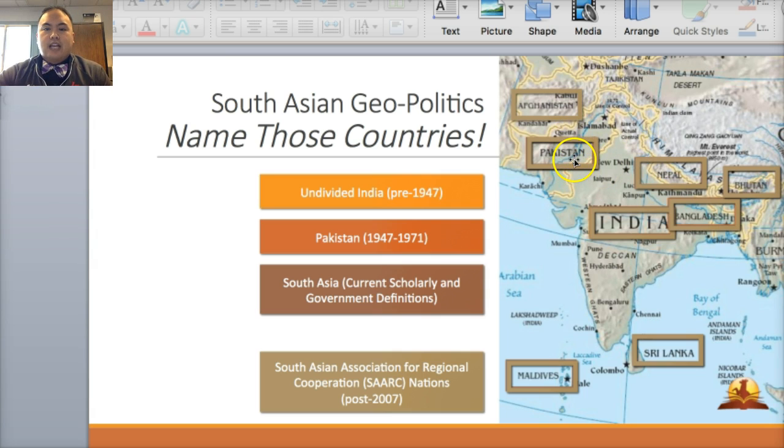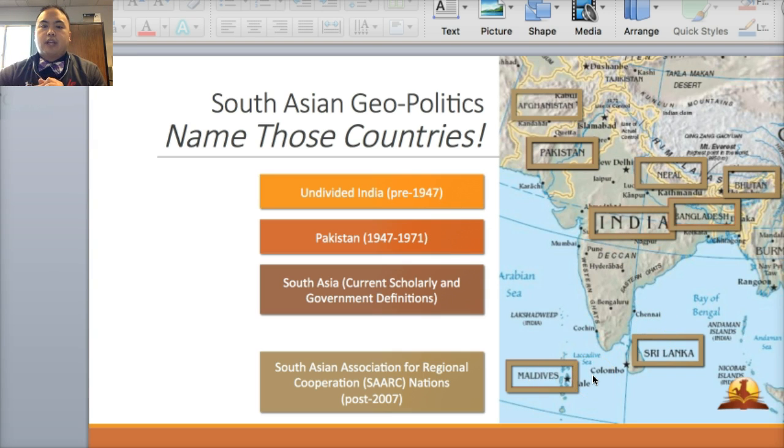Pakistan was actually Pakistan and Bangladesh. So these 2 countries, Pakistan and Bangladesh, were what they called Pakistan in 1947 to 1971. So current-day Pakistan is just this right here, but back in the day, Pakistan was Pakistan and Bangladesh. South Asia, or what they call South Asia, is Pakistan, Nepal, Bhutan, Bangladesh, India, Sri Lanka, and the Maldives.